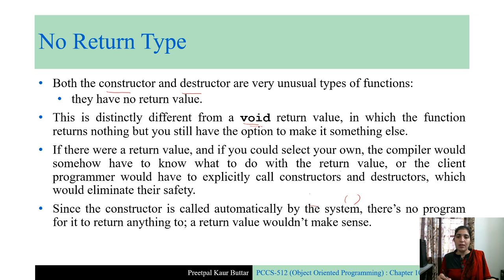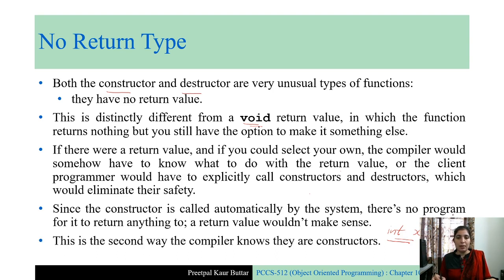We do not have a function call inside the program to call a constructor. We do not write something like int x equal to a dot x. This is called automatically. So what can we do with the return value? We cannot do anything. Therefore there is no program for it to return anything to, and a return value would not make any sense.